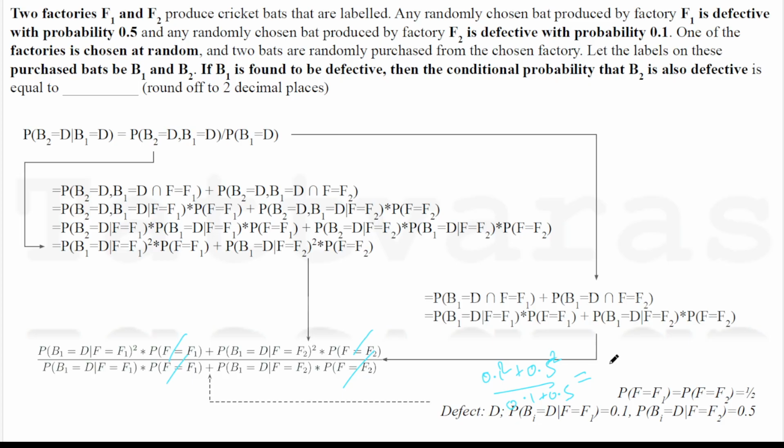And what is it? It's 0.26 by 0.60, 26 by 60, which is 13 by 30. And that is going to be the answer, somewhere around 0.4343.